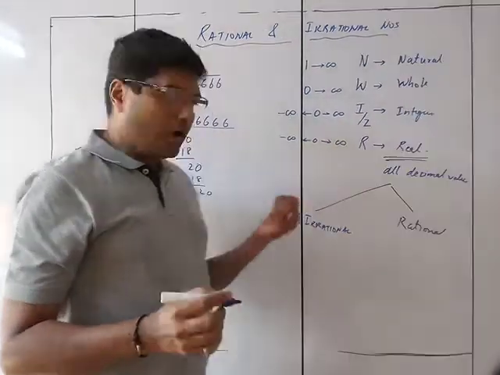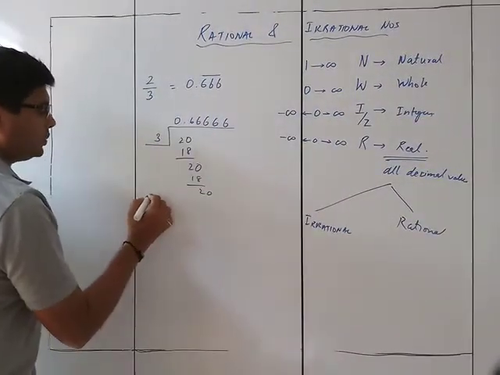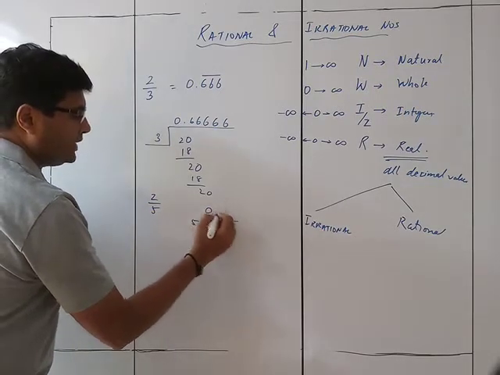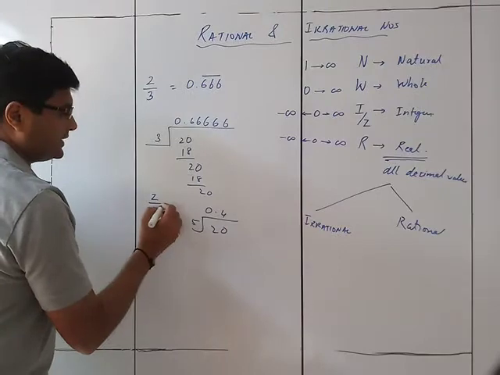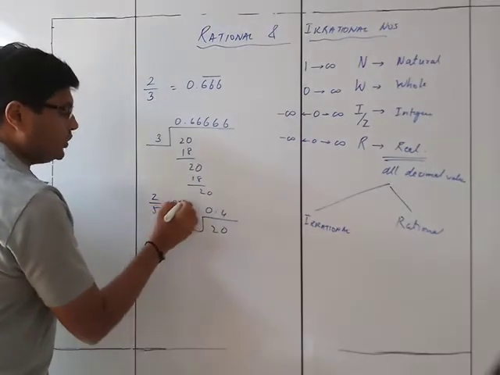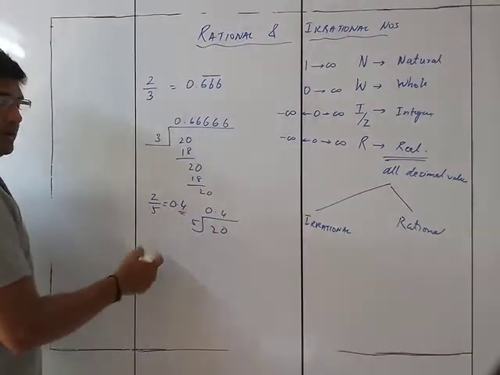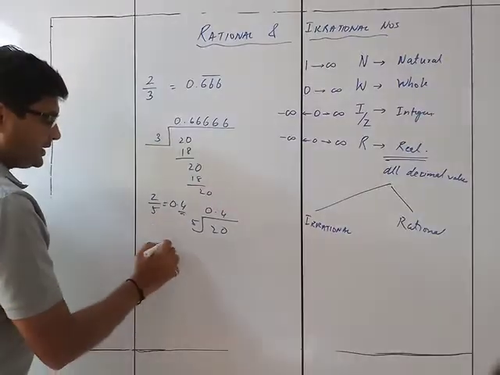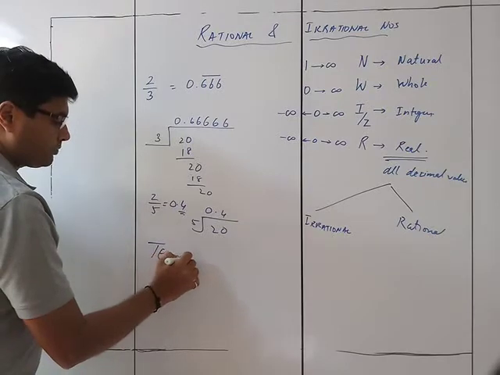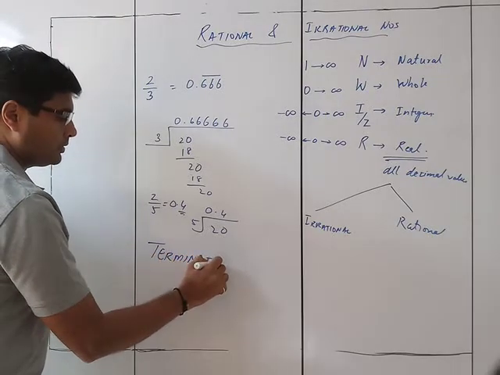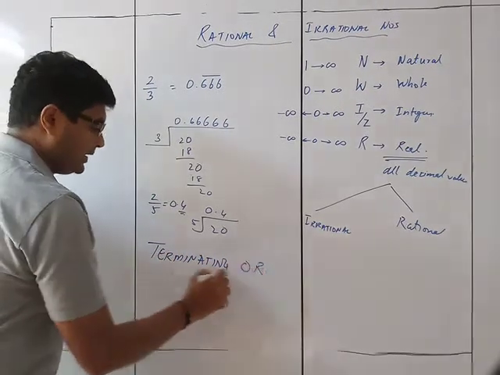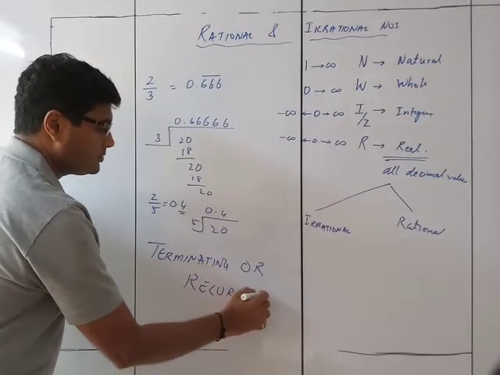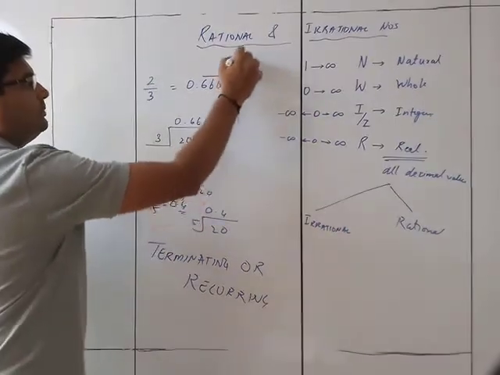Or else if you take, suppose, 2 upon 5, then what happens? This is 5, this is 2, 0, take 20, it gives 4. So this is nothing but 0.4, so it has terminated over here. So any number which is terminating or recurring is a rational number.